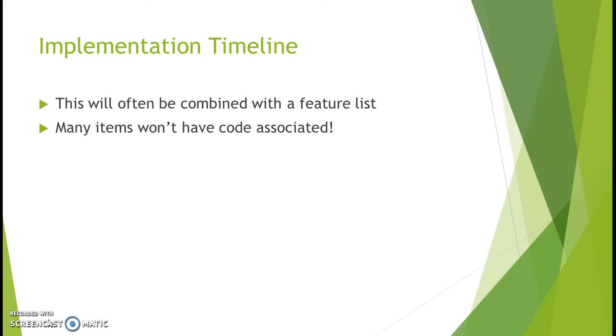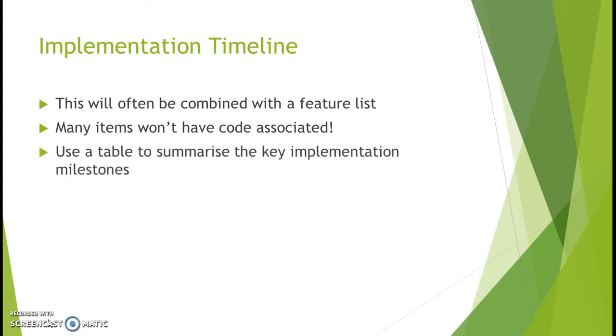So many of the items in the implementation timeline, the deliverables, won't be code-based deliverables. What you want to do is have a table to summarize the key implementation milestones. So it's the delivery of given functions, these kinds of things. And make sure you include a column for the planned timescale for each one of those.